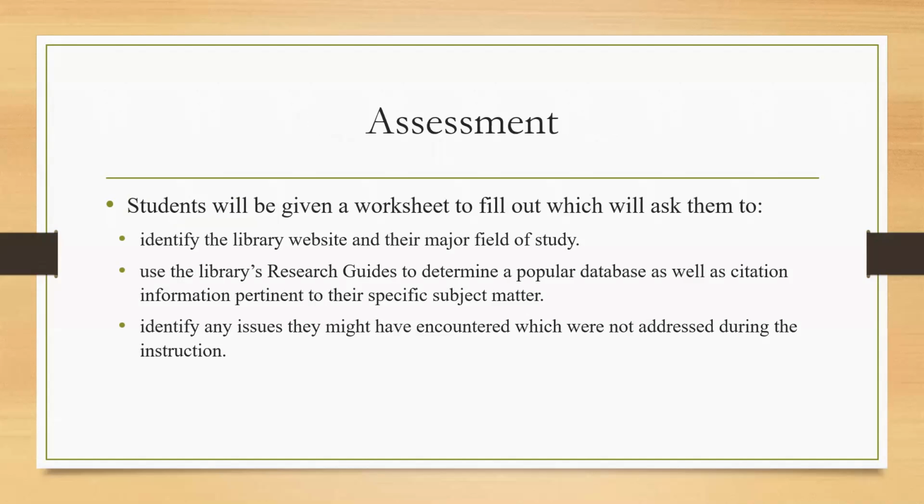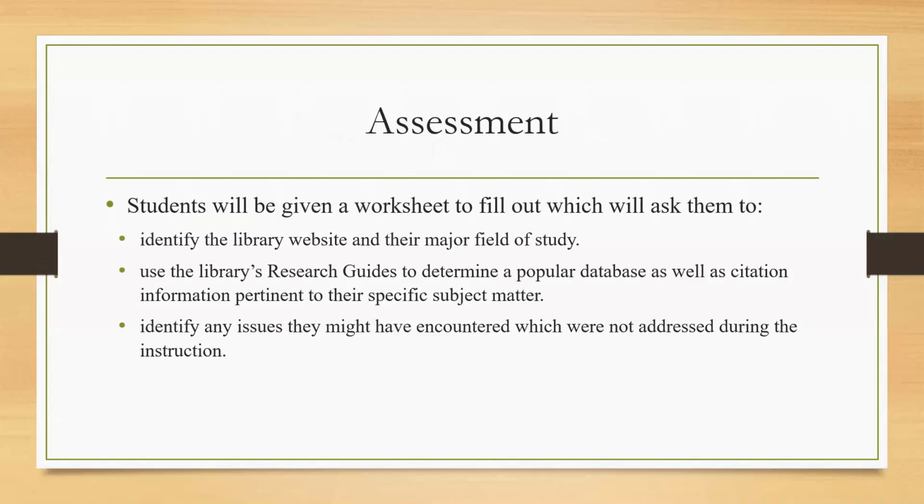So the way I will assess whether the students have really learned what I wanted them to learn is I will give them a worksheet which can be quickly and easily filled out. Since they've been following along with me on the website, they should be able to do this fairly quickly.